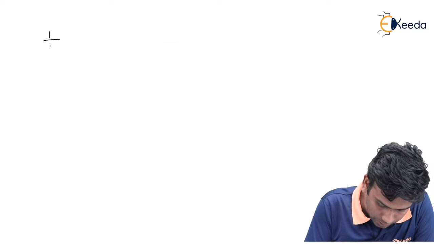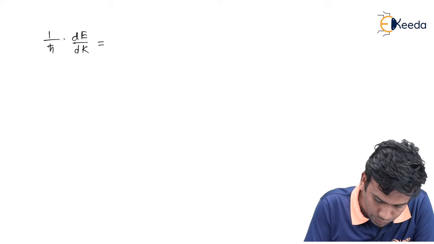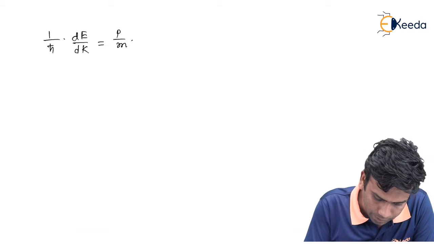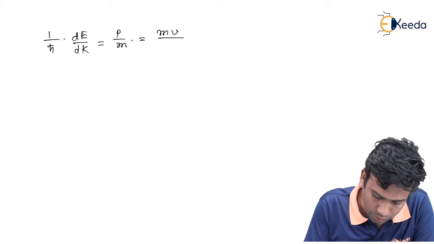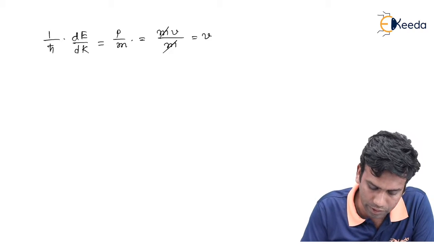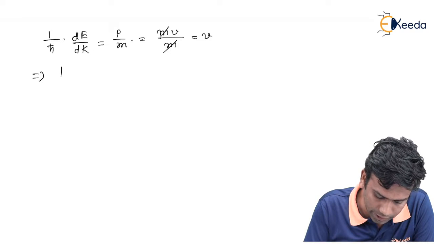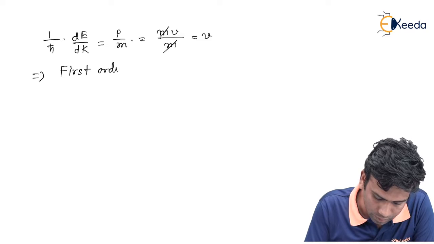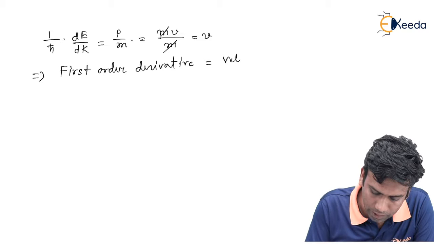Now if I take this h cut to the left hand side, we can write 1 by h cut into dE by dk is equal to p by m, and p equals, as you know, mass into velocity. So it will be mass, and this mass will cancel out and give the velocity. That means we can say that the first order derivative is giving the velocity of the carrier.